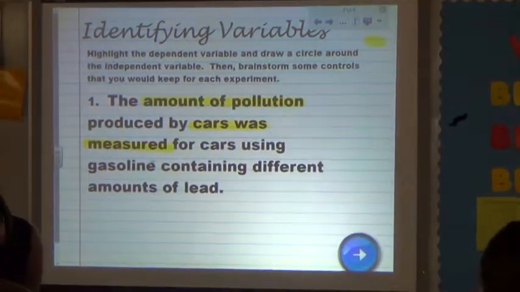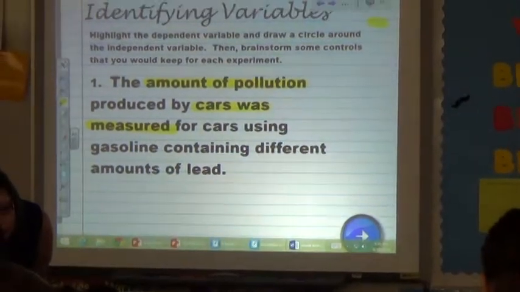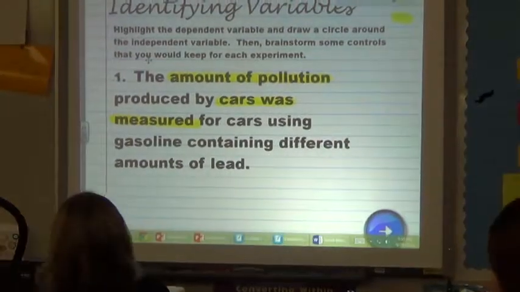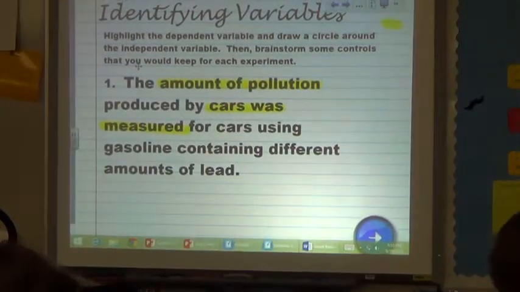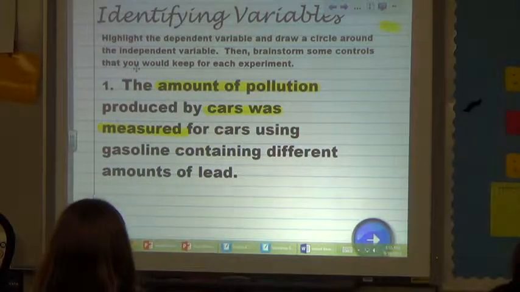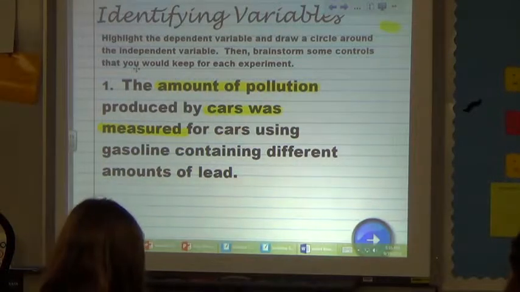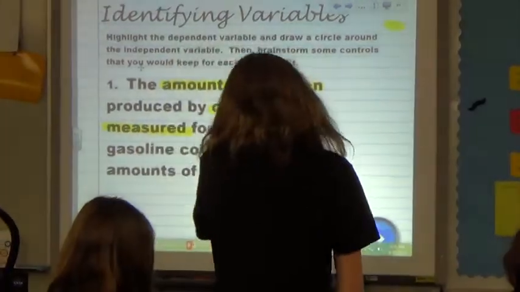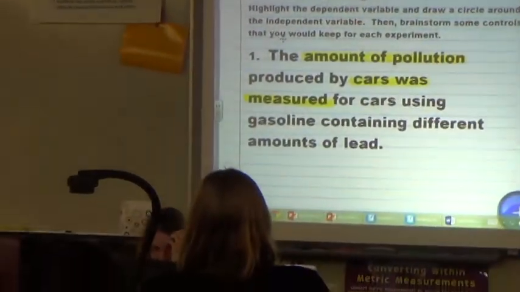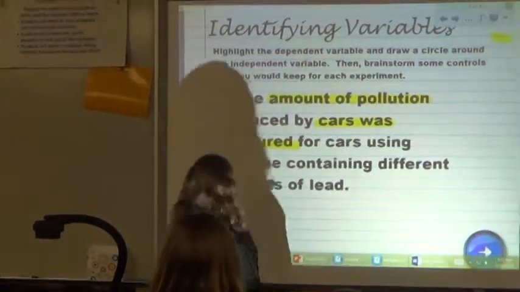What is the independent variable? Please come circle it up here. Somebody who hasn't been up yet, like Destiny. Go on up. Circle it. We'll help you out if you're not certain. We lift each other up in here. We help each other out. Oh, you can do it up there. All you gotta do is pick up a pen. So you can actually do it on the smartboard.